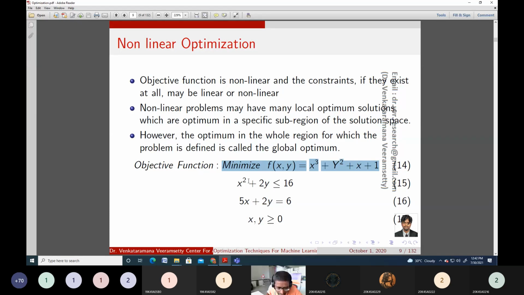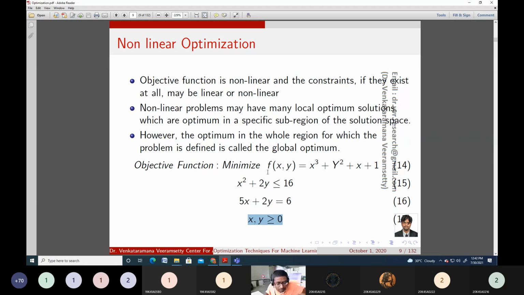And this is the inequality constraint, and this is the equality constraint, and these are the boundaries. So whatever the optimization problem may be, whether it is a linear optimization problem or a non-linear optimization problem, every optimization problem must have one objective function, that is mandatory, and optional constraints, either inequality constraints or equality constraints, and also we have the boundaries or limits for your decision variables.